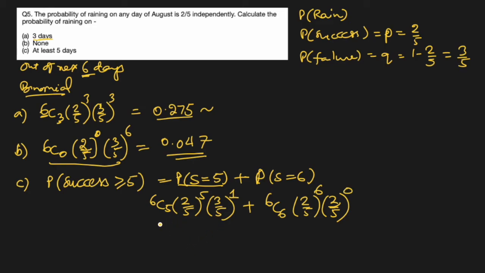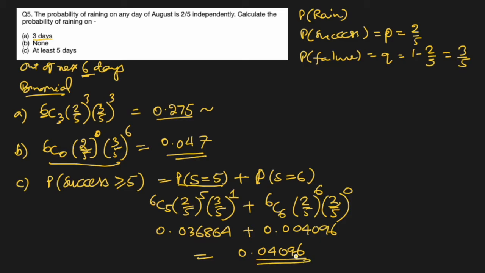When we use our calculator, we get 0.036864 and 0.004096. And when we add them, we get 0.04096. That is the probability that it will rain on at least 5 days.